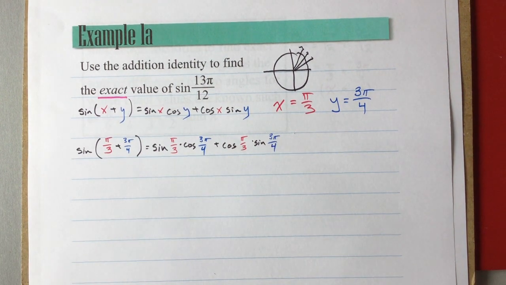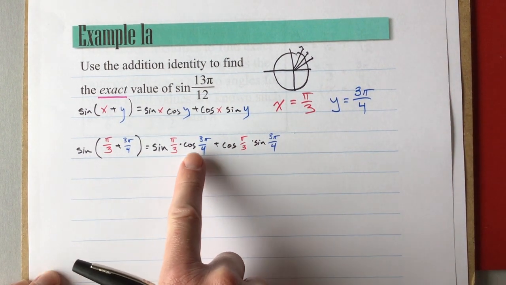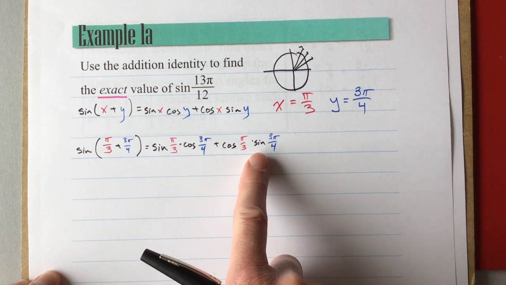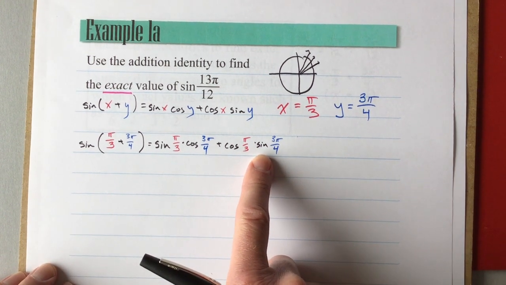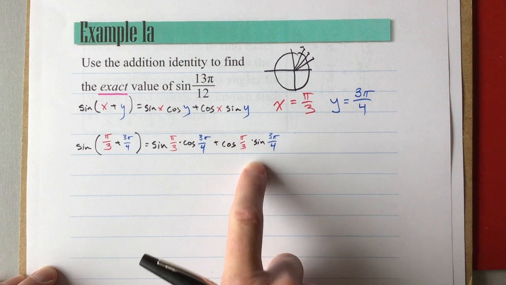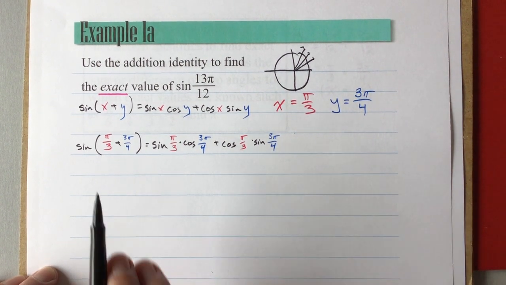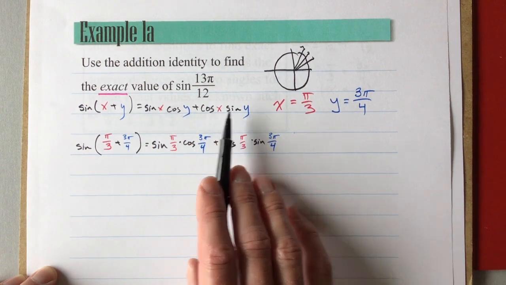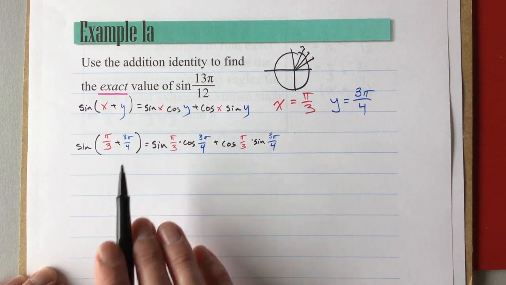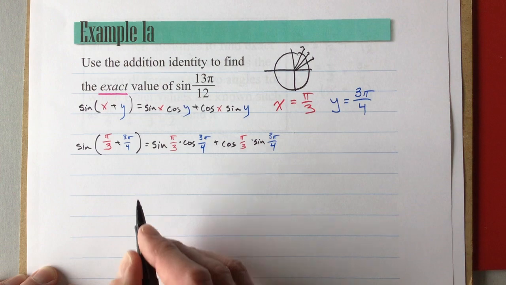And then to simplify, I evaluate these sines and cosines exactly because they represent angles that I know the sine and cosine of in an exact manner. So I've taken this identity and used it to rewrite the expression I'm trying to find the value of.